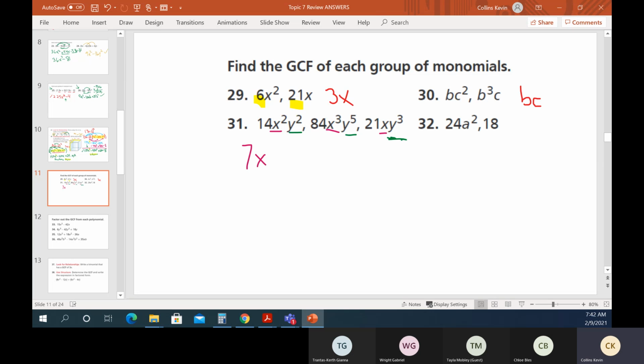Yeah. So then the y part of this will be y to the second power. That's the smallest power, and that's your guy. So again, as you saw, the hardest part was figuring out the 7.